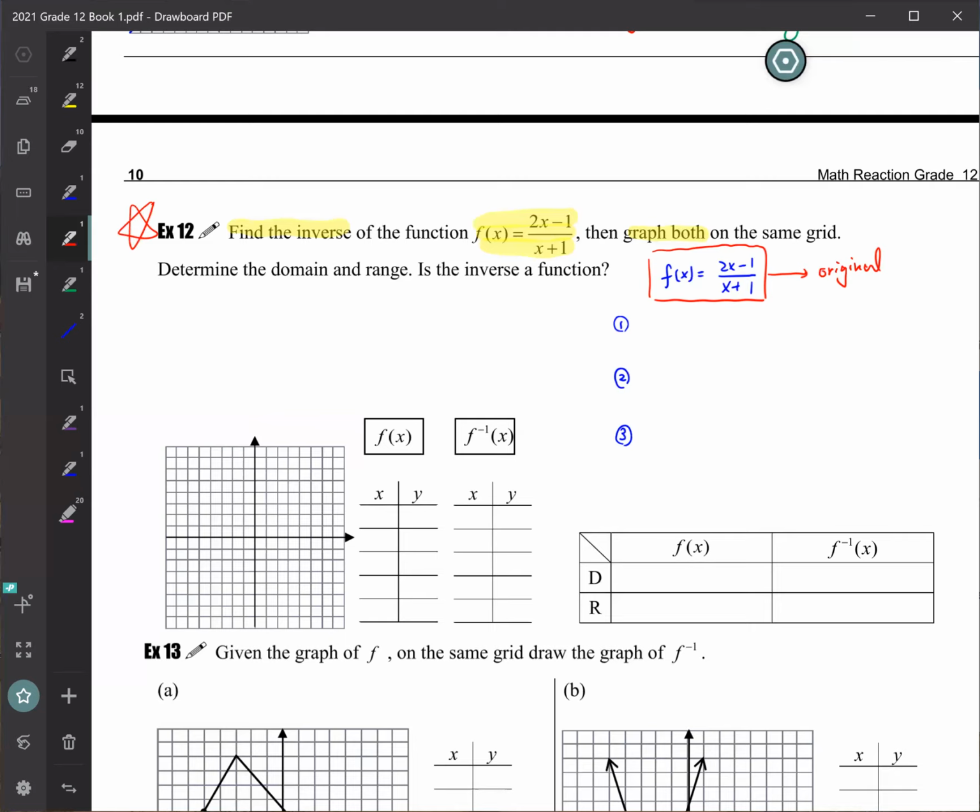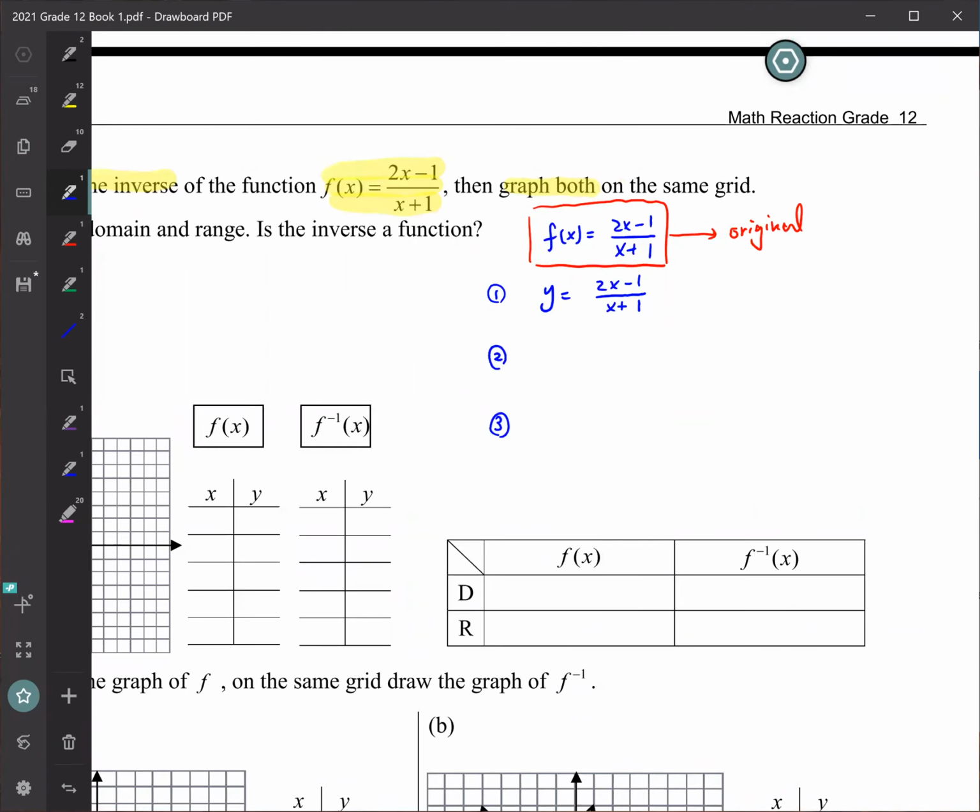Many people got stuck while trying to find the inverse, but maybe you guys can figure out how to find the inverse here. Please raise your hand when you finish. I'll do step 1. Step 1, pretty easy. Just write it as y first. Please complete step 2 and 3. I'll do step 3 on the side.